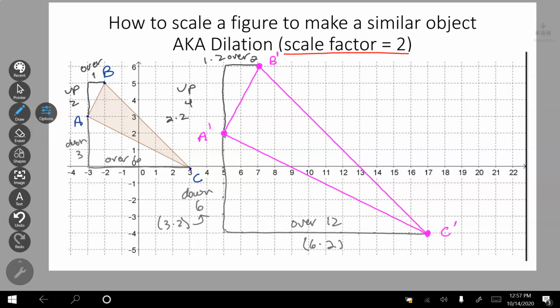And there is my new triangle. This is triangle A prime, B prime, C prime, and its side lengths are twice the original triangle ABC if you look carefully.